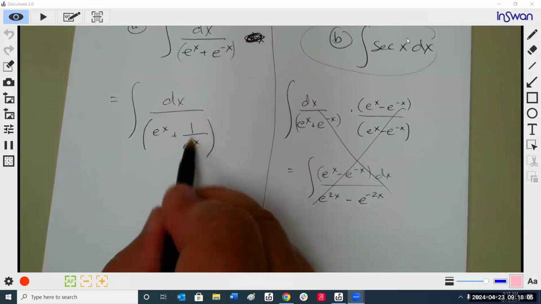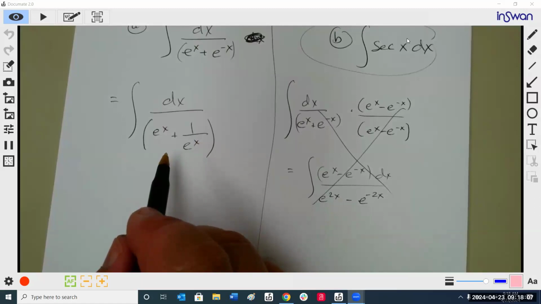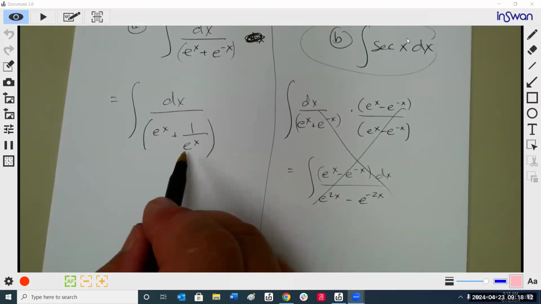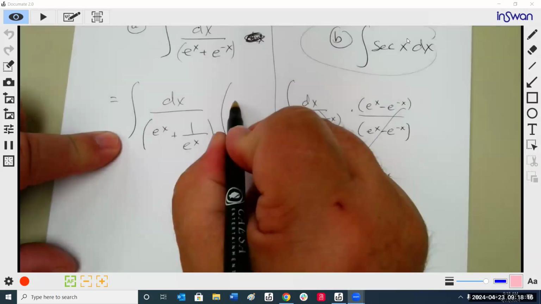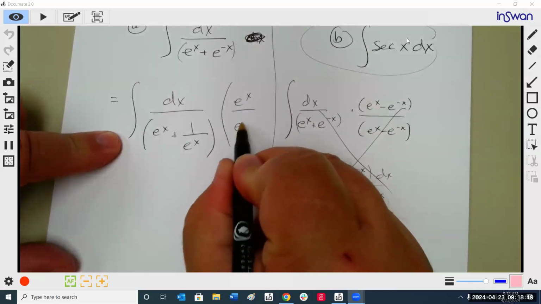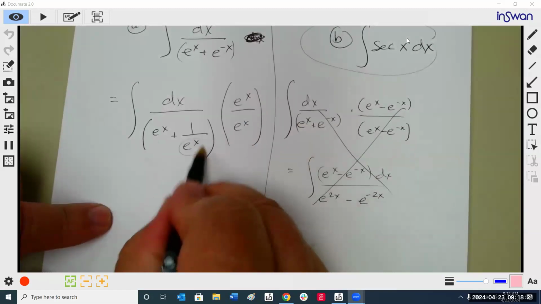Well, how do you get rid of the fraction? Yeah. So we multiply top and bottom by e to the x, the common denominator.